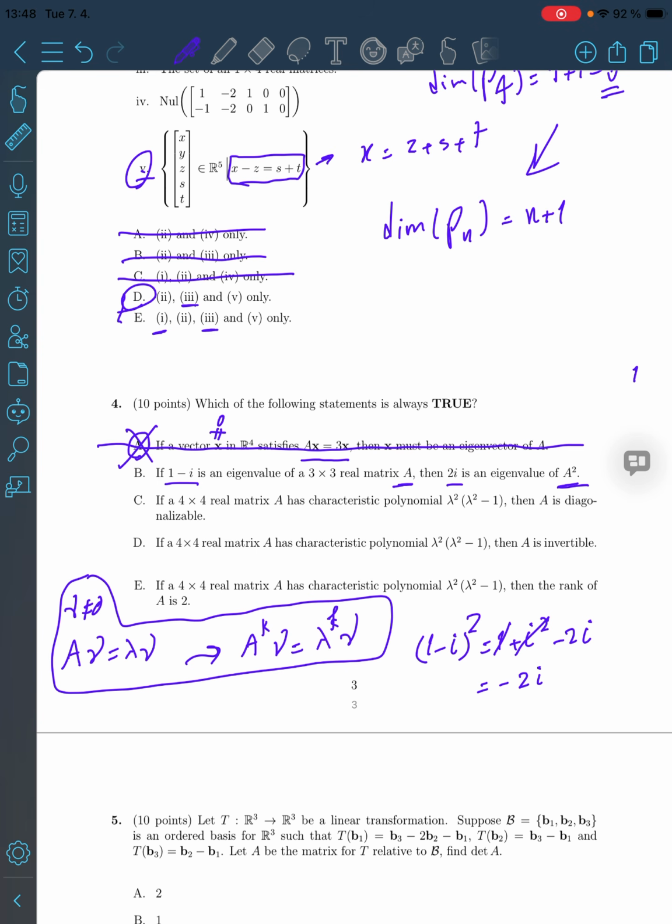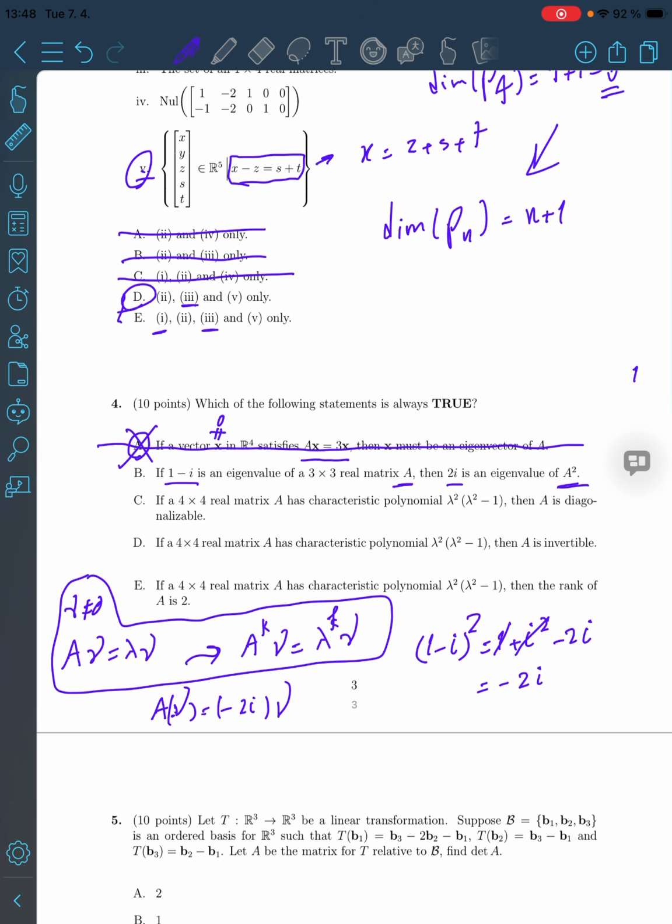Sometimes you can write it like this. Here you can see that A squared applied to v or negative v is equal to negative 2i and then v.